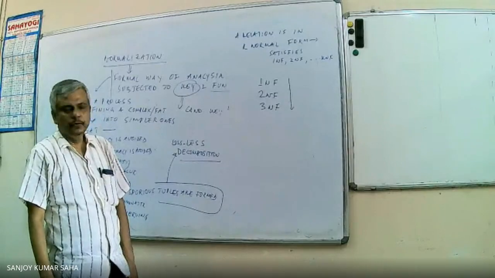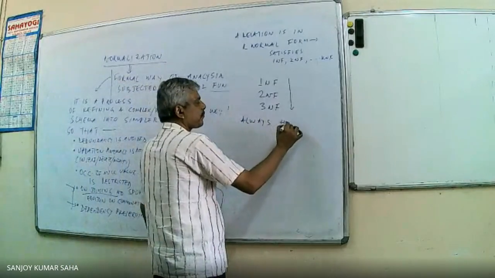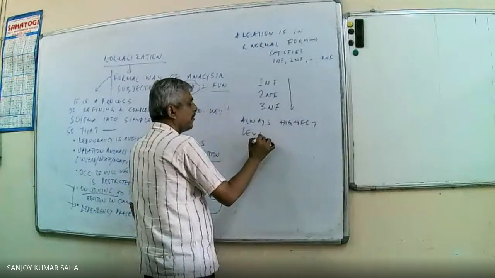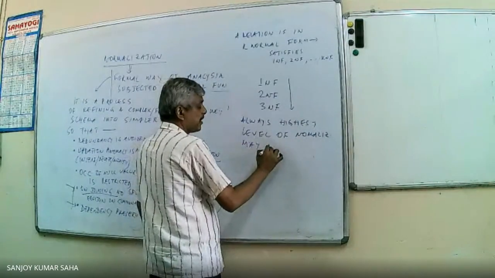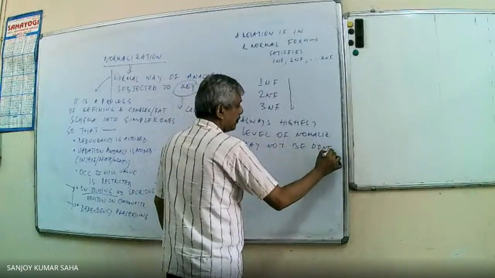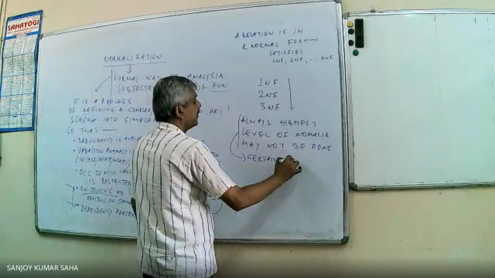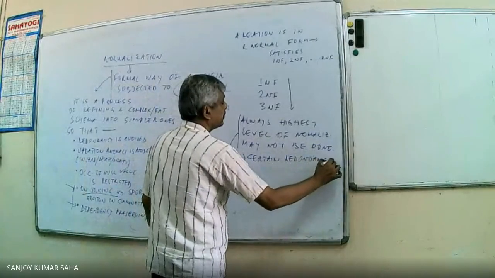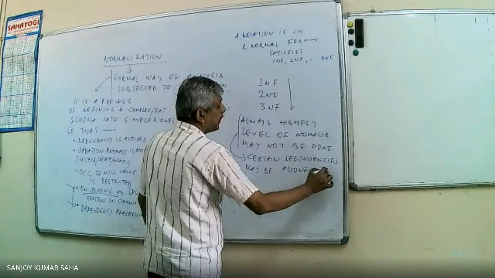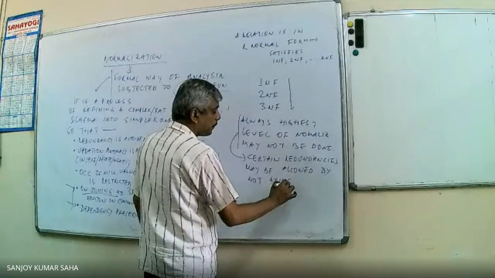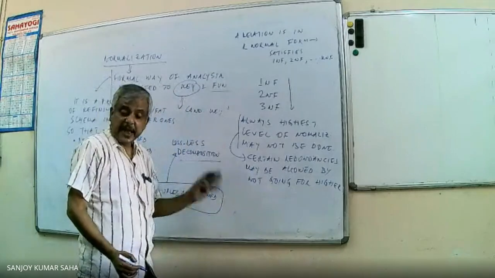Now, all the time, we may not go for the highest level of normalization. The highest level of normalization may not be done. If so, making a compromise, certain redundancies may be allowed by not going for a higher form, even though it was possible to go for a higher form and it is applicable.